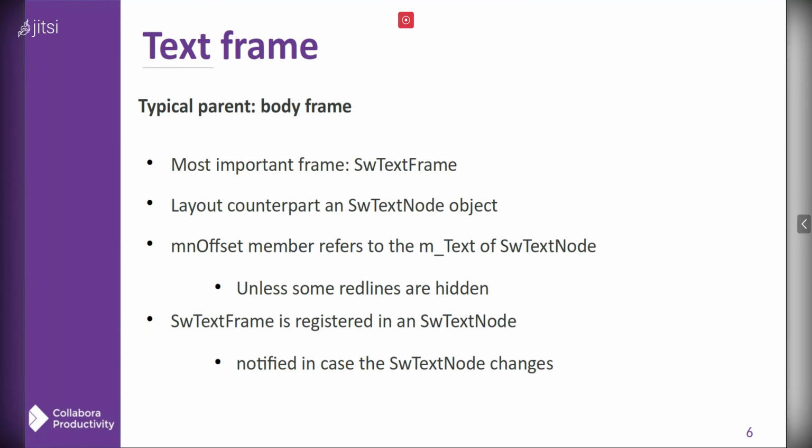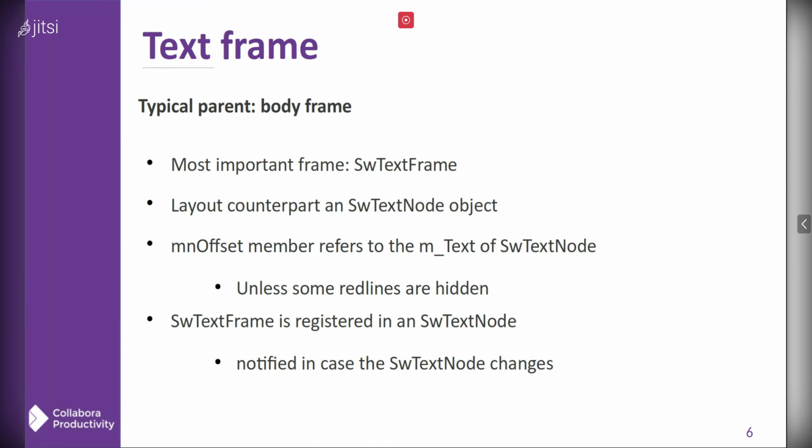This can be complicated in case you have change tracking, which is called internally redlines, and those changes are hidden. Then you can have the situation that one text frame is presenting content from multiple paragraphs, but that's something I am just putting aside. Next week, Mihail will have a whole TTT just on those redline things. So we will ignore that here.